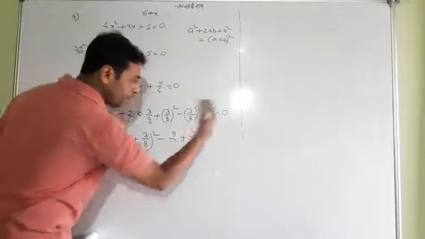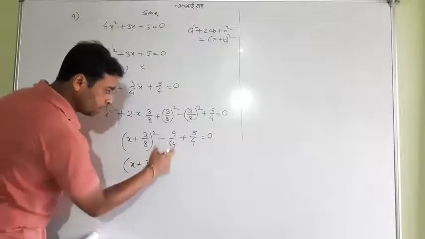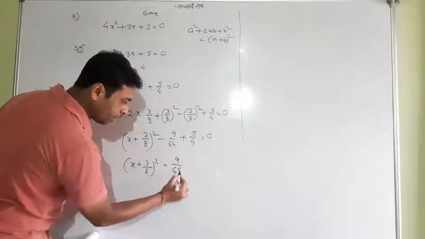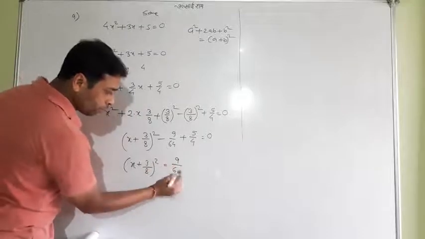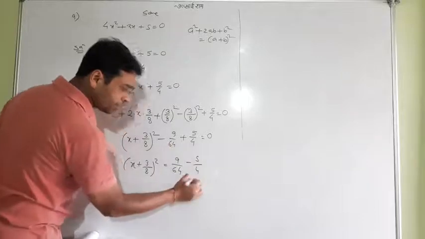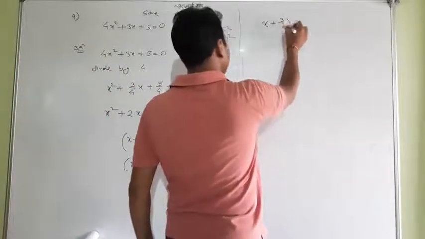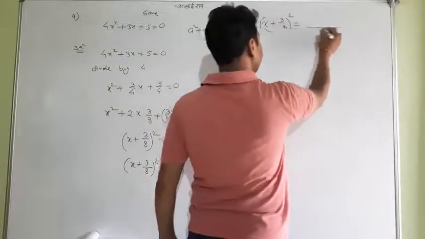Now both terms will first be transferred to that side. First I'm writing 9 by 64, which was minus, going to be plus, and this is plus, it is minus. Now I'll take an LCM on this side only.